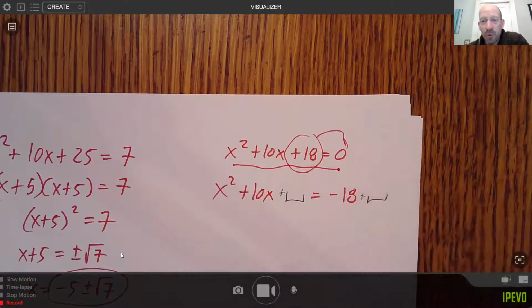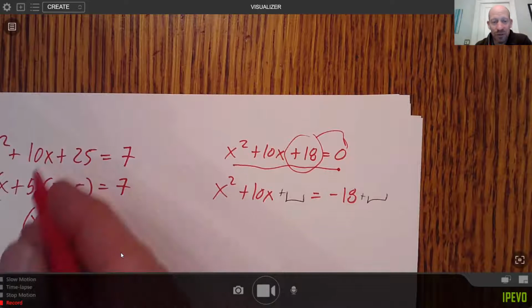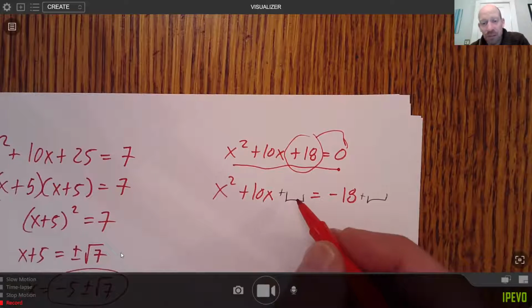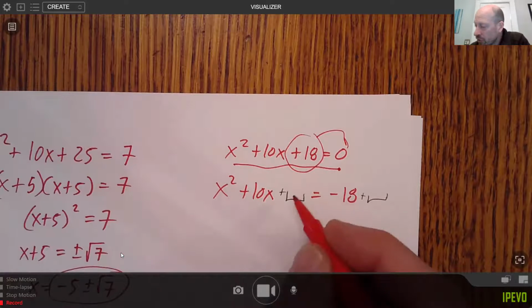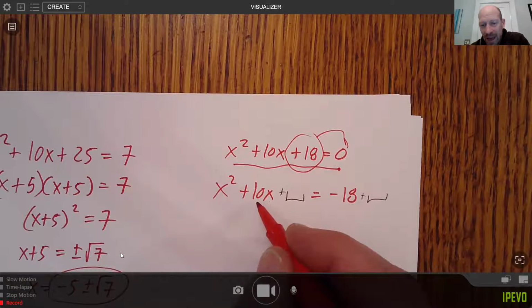As long as I do it to both sides, that's not going to change the equation. And what should I add? We already know because we already solved it over here, right? It's 25. But if I hadn't done this one, it turns out that the number I want to add to both sides is half of this number squared.